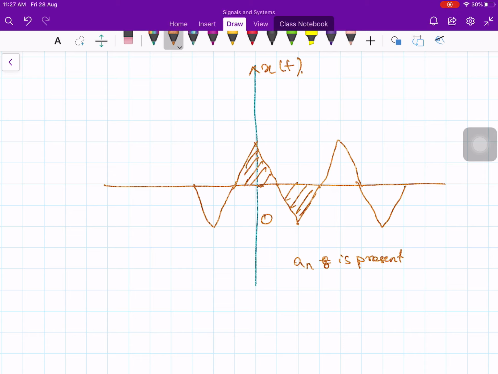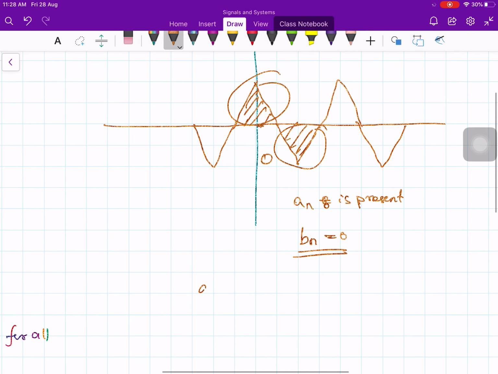But what about the odd terms? Bn is equal to 0, since it is an even function. Whatever occurs in this positive half cycle will repeat itself in the negative half cycle with a negative sign. Therefore we can now say it will have odd ordered cosine terms only.